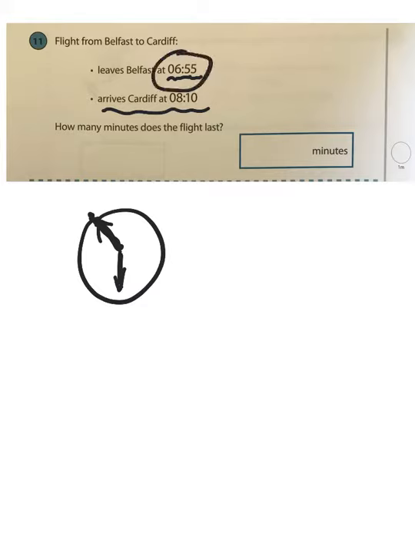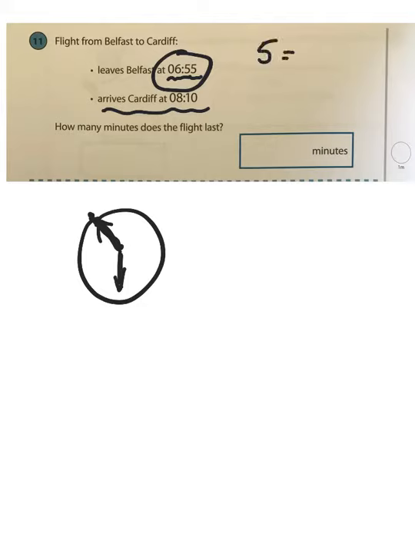Okay, so we've got 6:55. That should be the big hand, this should be the little hand. How many minutes is it to take us from 6:55 to 7 o'clock? 5 minutes.